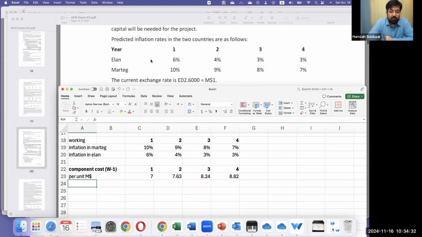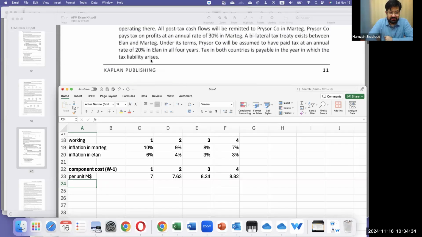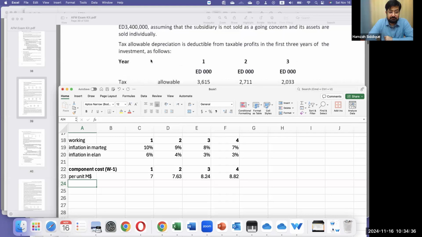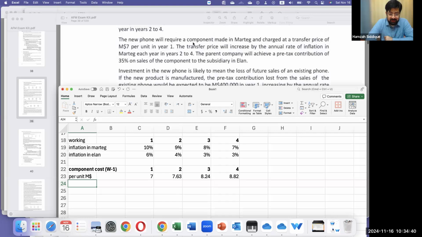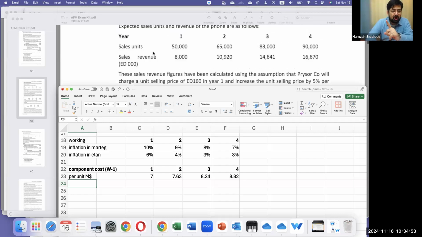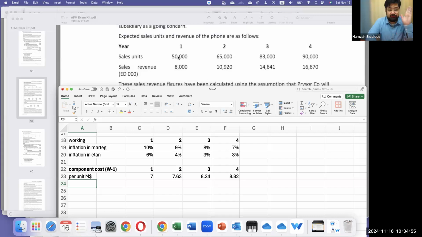Now, so how many number of units are there? Because component costs, they say the new phone will require a component made in Maltech, charged at a transfer price of this. Each phone, how many units? 50,000 units.